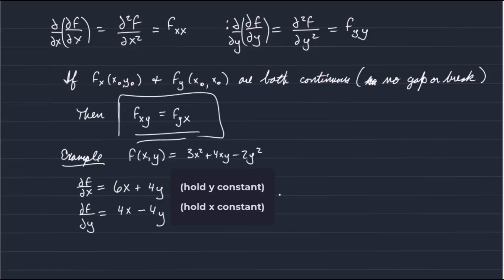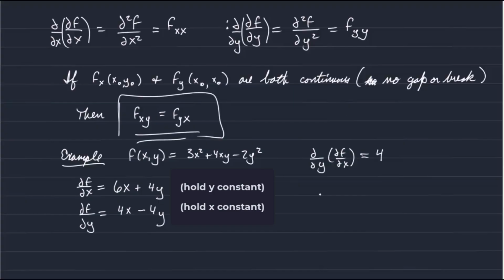And so if we were to take the derivative with respect to y of the partial of f with respect to x, we can take the derivative of this function. Since we're taking the partial with respect to y, we treat x as a constant. The only part that varies with y is the second term, and this gives us 4.